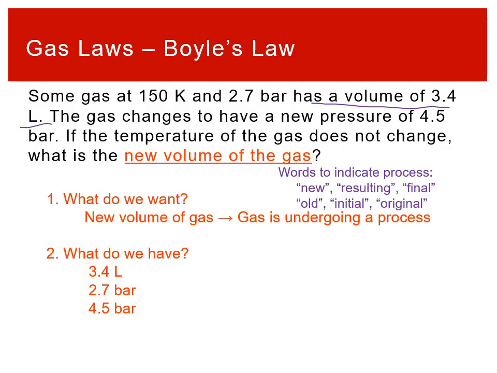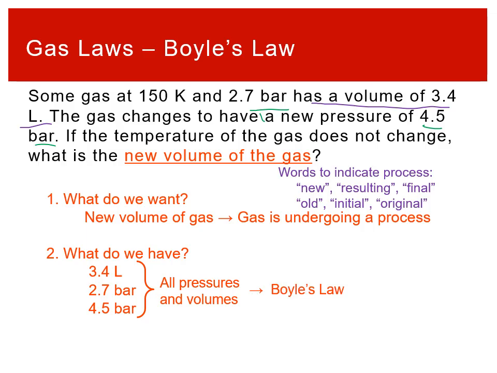The things we want to key on is that other volume, that 3.4 liters. And then whenever we're dealing with named gas laws, we're looking for things that are doubled up. Bar and bar. So we're given two pressures for the gas, right? We need two descriptions of the two states, old, new, beginning, end, whatever it is. And so we need to have that paired up. So both of the volumes or both the pressures are indicative of something we'd be using. There's pressures and volumes that are given here.